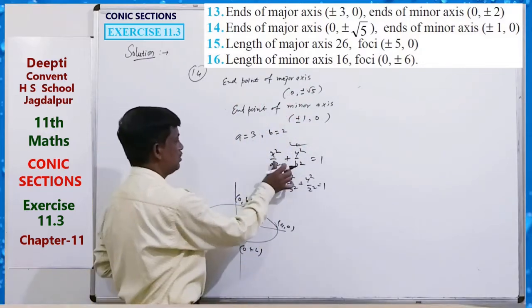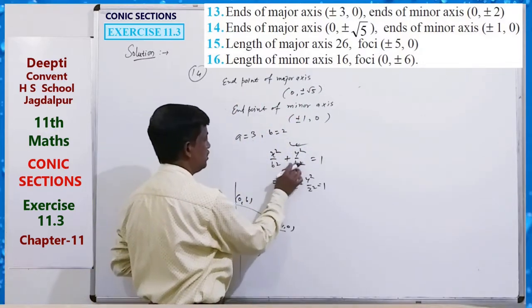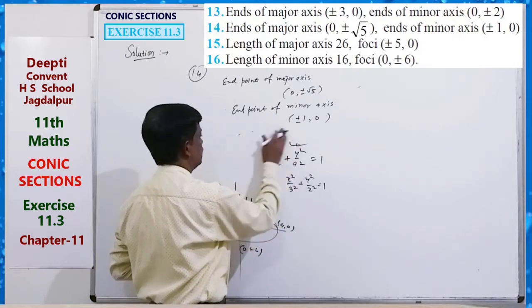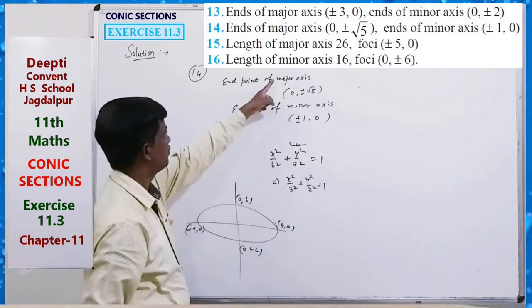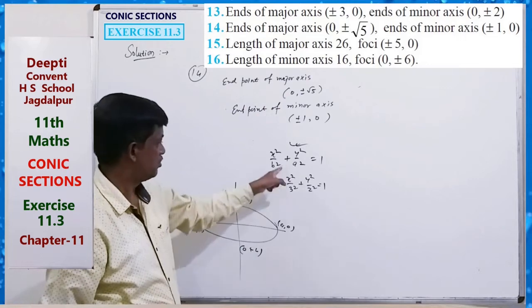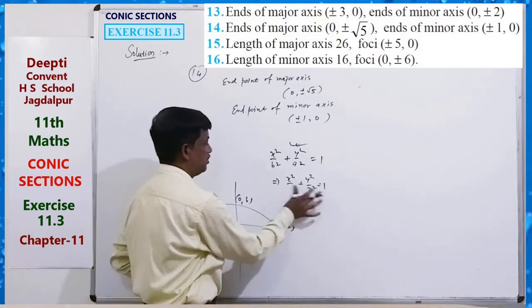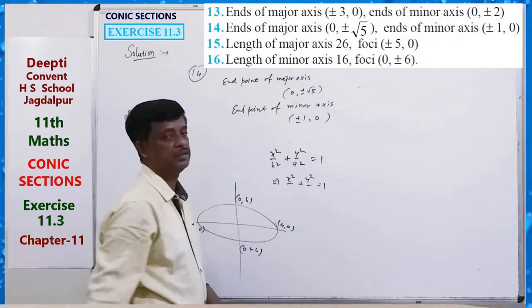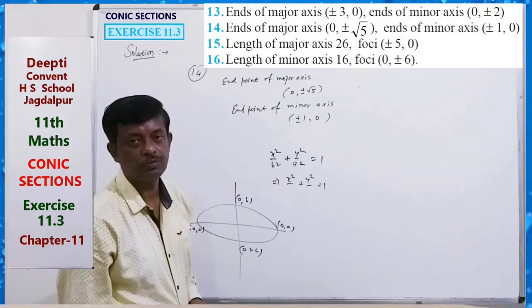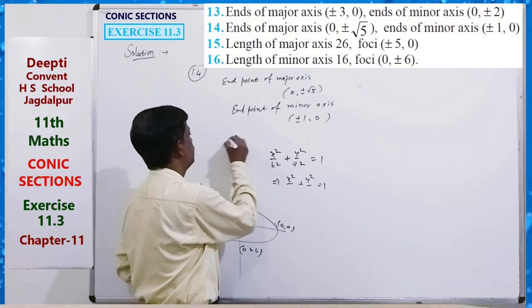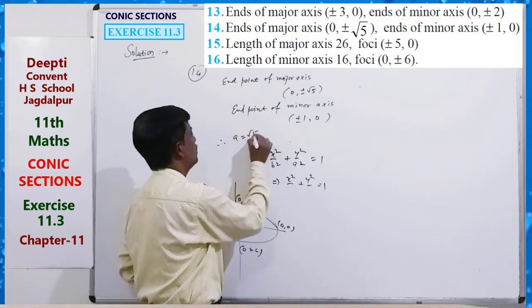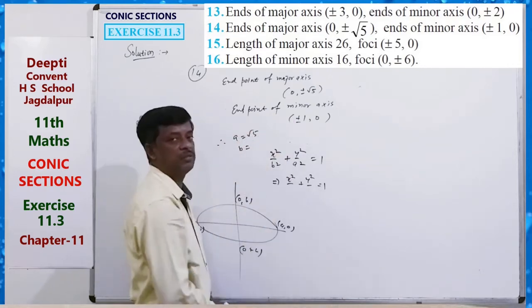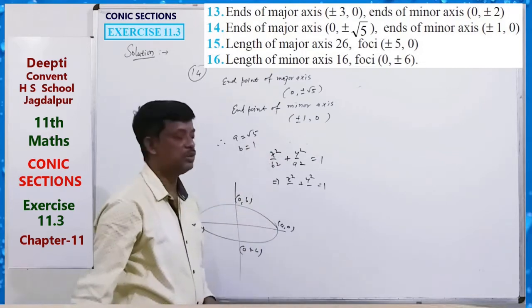So the ellipse will be like this. Major axis along the y axis. So this is the standard format. Now these are the vertices, 0 plus minus a. So a equals root 5, and here b equals 1, the minor axis.